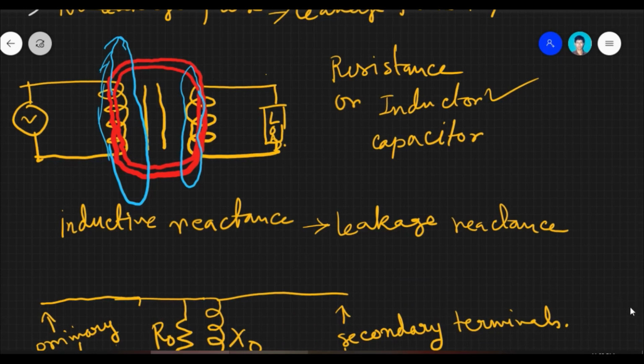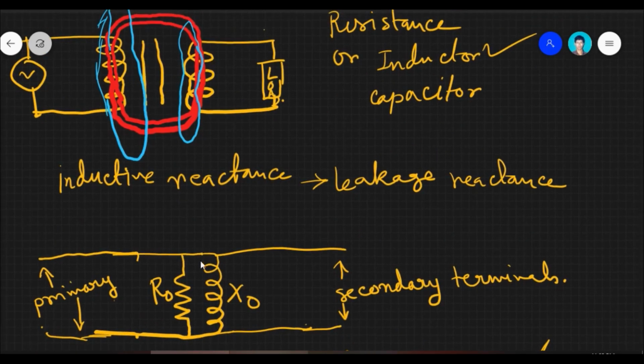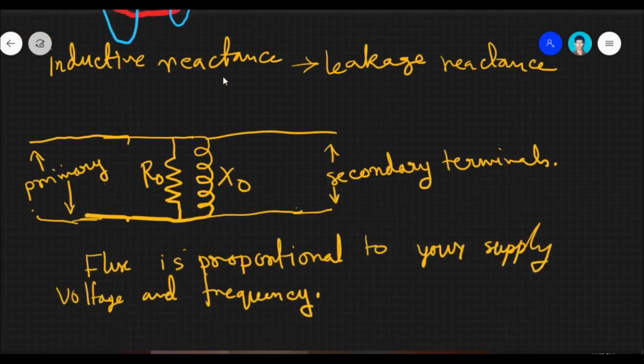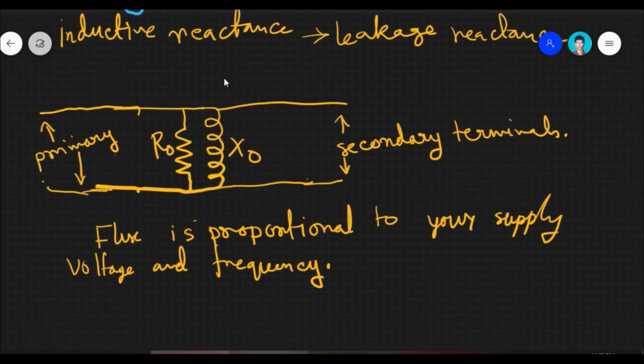So it is our fundamental understanding that when we try to represent the equivalent circuit, I hope you have already done it in your basic electrical engineering, secondary referred to primary and primary referred to secondary.